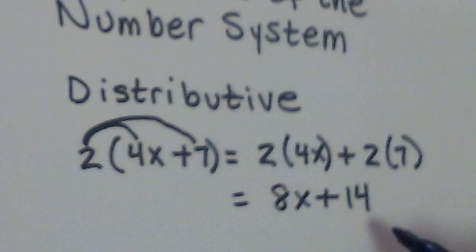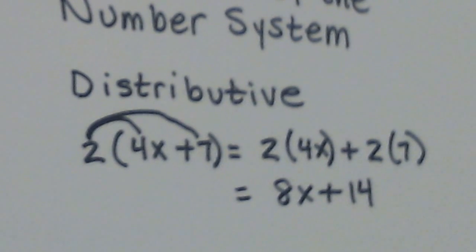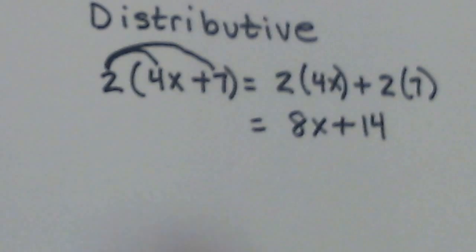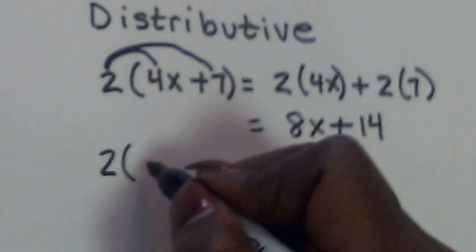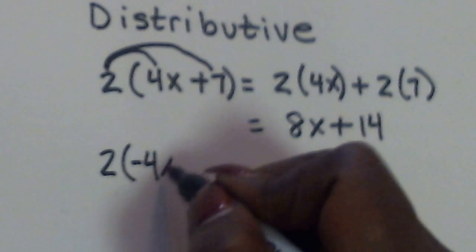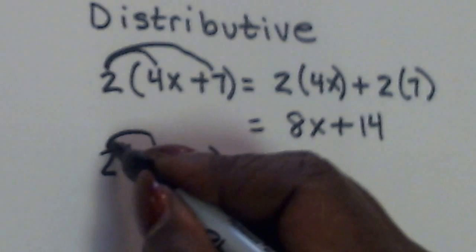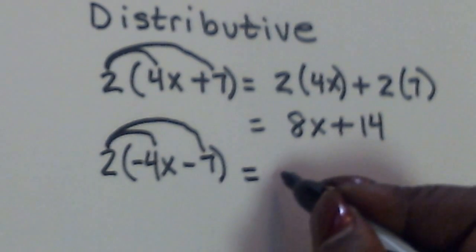If you're comfortable with your multiplication skills, you could go straight to this step. I'll show you that in a few seconds. The distributive property also works with negative numbers. So if I had 2 times the quantity of negative 4x minus 7, I would still distribute the 2 to every element inside the parentheses.